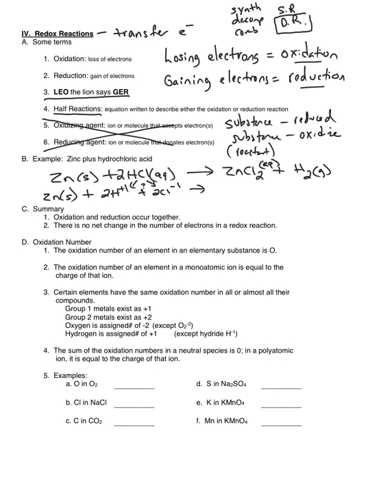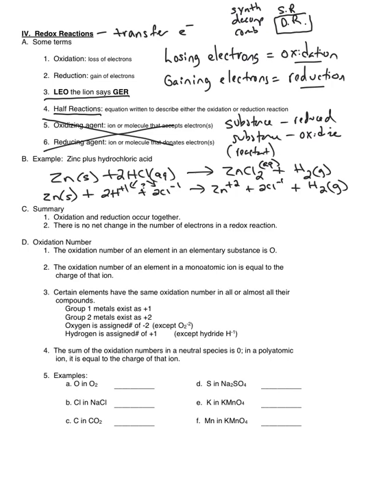Zinc chloride is an ionic compound, and since it's soluble, it immediately breaks apart into ions. So we're going to get 1 zinc ion, which has a +2 charge, and 2 chloride ions, which have a -1 charge. And then hydrogen gas we leave together because it's a gas. Again, anything labeled with a G, L, or S, solid, liquid, or gas, will stay together.